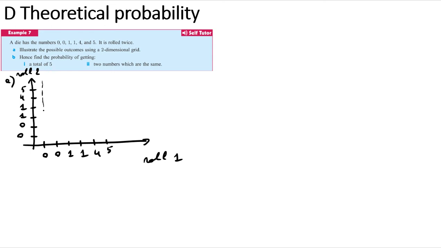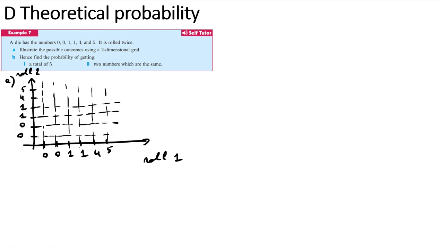Okay. I draw the vertical lines and the horizontal ones. We've learned in part C how to draw a two-dimensional grid.